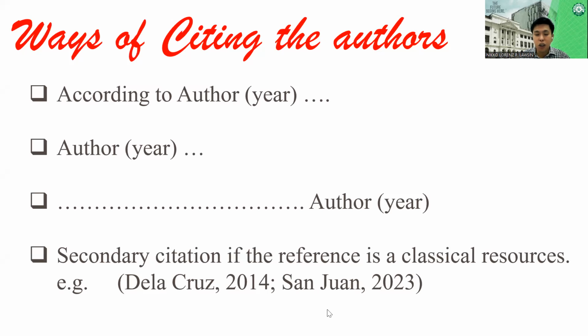You just have to arrange them in chronological order, 2014, 2023. So that's what you call secondary citation, if in case the resource that you have chosen is somehow beyond the 5 years from the present time.